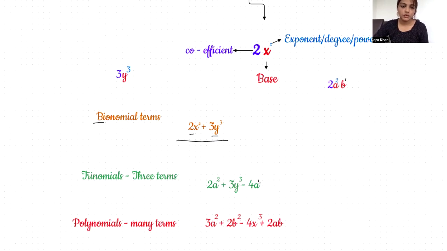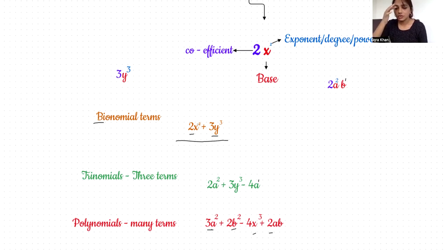Yeah, and then we move on to polynomials, which means many terms. So if you have more than 3 terms, remember that's a polynomial. In this expression, you have 1, 2, 3, 4 terms, okay? So that is a polynomial expression, algebraic expression. Here you have 3 terms, the trinomial. Here you have binomial terms. There's only two terms in the expression.